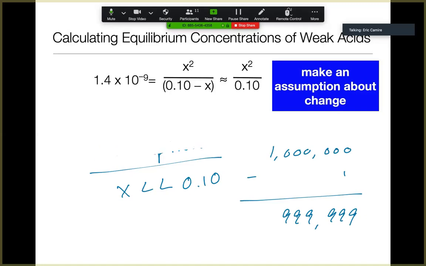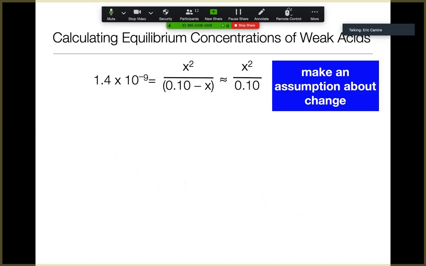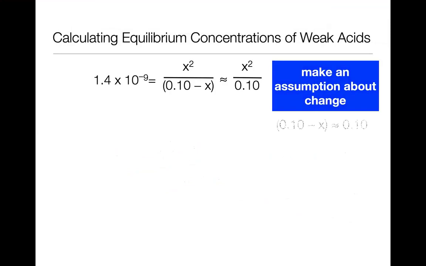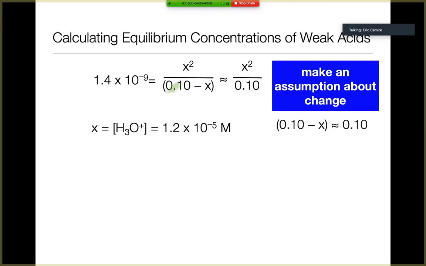So with our assumption of X being so tiny, what we're effectively saying is that if I subtract a teeny tiny number from 0.1, the final answer will be 0.1. And so that's what I have at the top up here. If that is effectively 0.1, I can rewrite the equation to look like this.